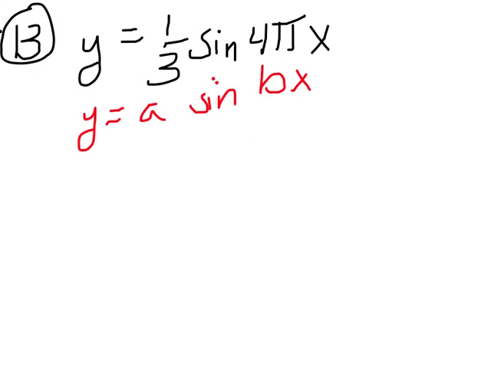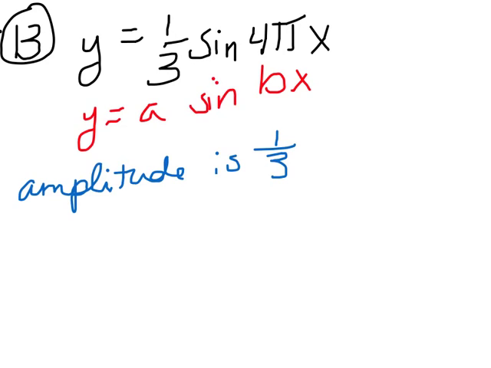All right, so what is my amplitude here? That's one of the things they're asking me: 1/3. What does that mean? Instead of going up to 1 and -1, what is my graph, if I were to graph this, going to go up to? 1/3. And down to? Okay, so do you see how you could sketch it the same way you normally would and then just plop the 1/3 and the -1/3 on there?